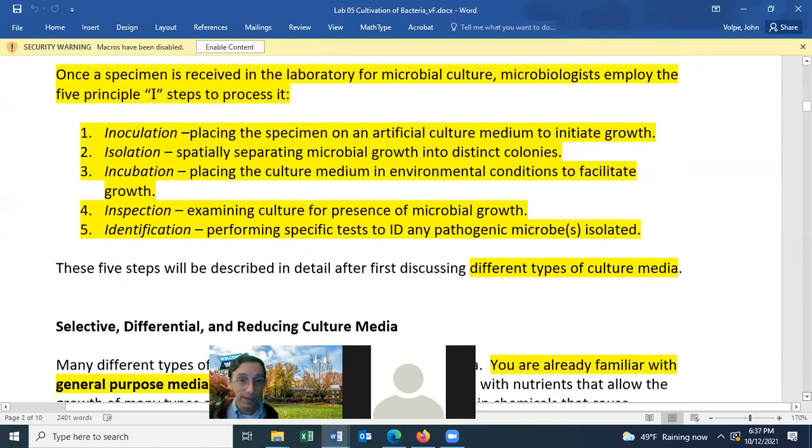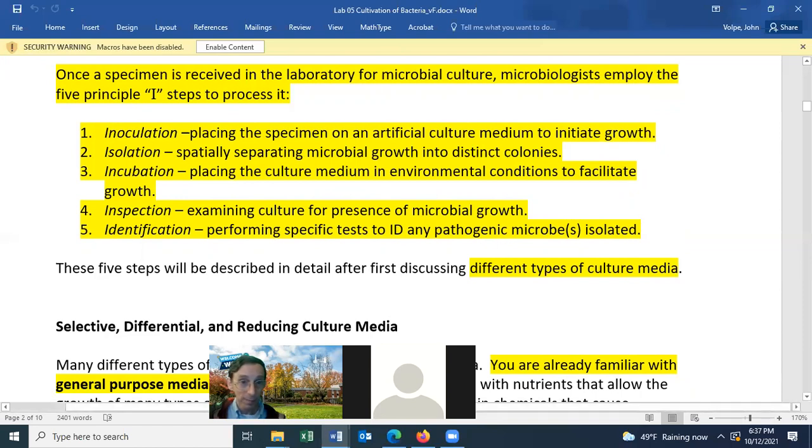Once a specimen is received in the lab for microbial culture, microbiologists employ the 5 principal steps to process it. First, there's inoculation, then isolation, then incubation, next inspection, and lastly, identification of the specimen. Inoculation is just placing the specimen on an artificial culture medium to begin its growth.